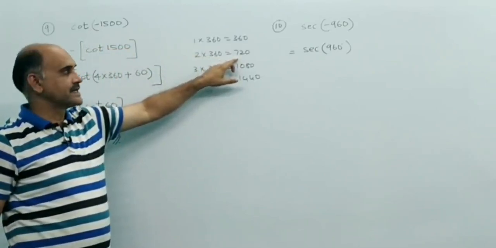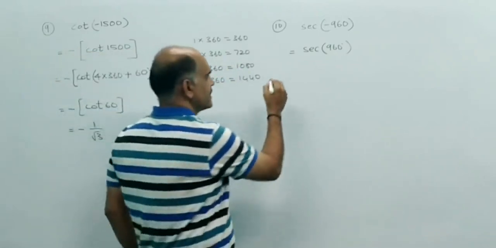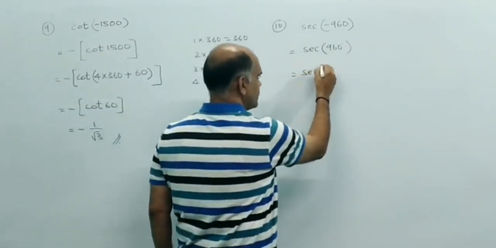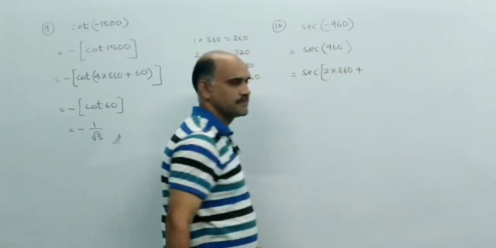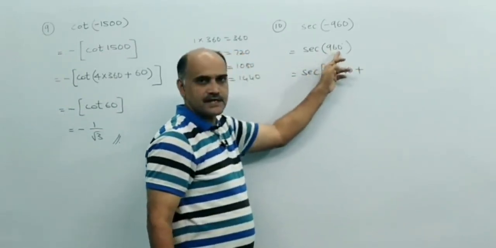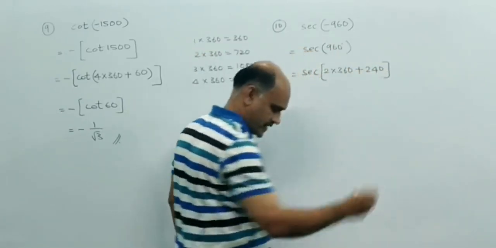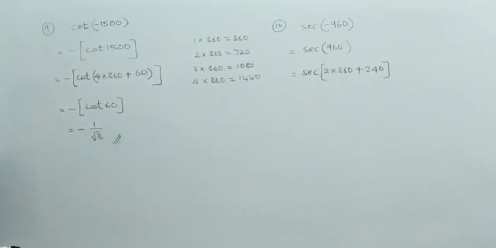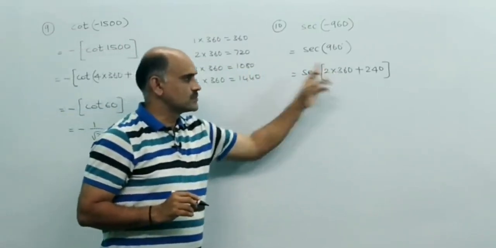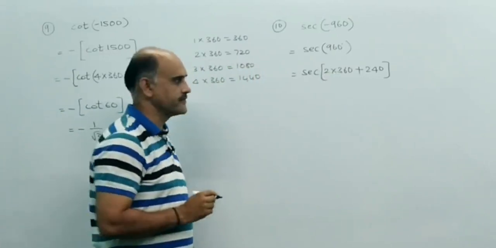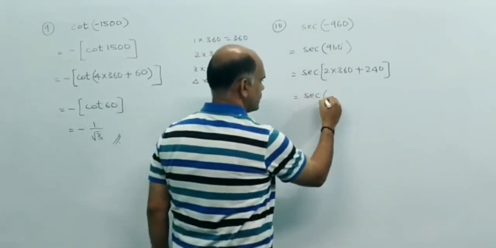You subtract 960 minus 720. So you will have secant of 2 into 360, 720, plus 240. Again this 2 into 360 you leave it. So you will have secant 240.